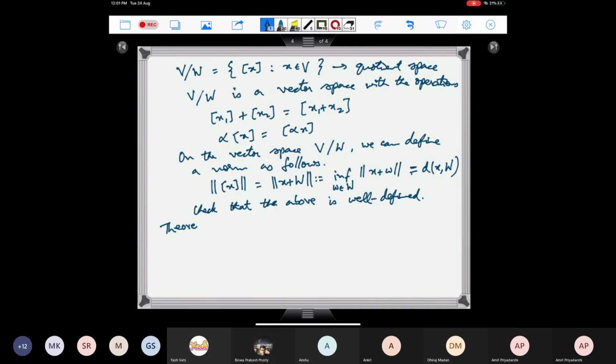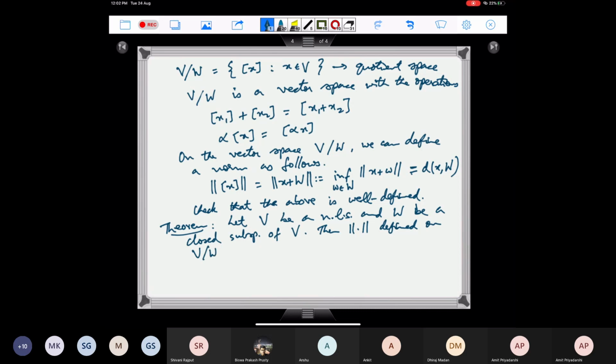Theorem: Let V be a normed linear space and W be a closed subspace of V. Then the norm defined on V mod W as above is a norm on V mod W. So V mod W, this quotient space, is also a normed linear space.